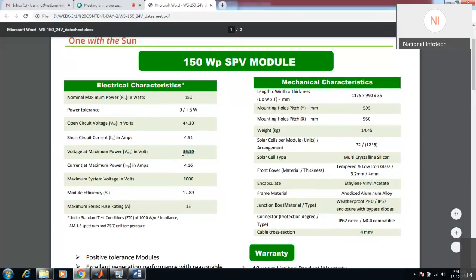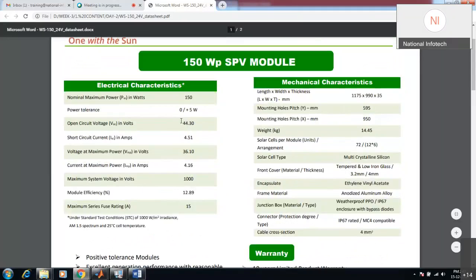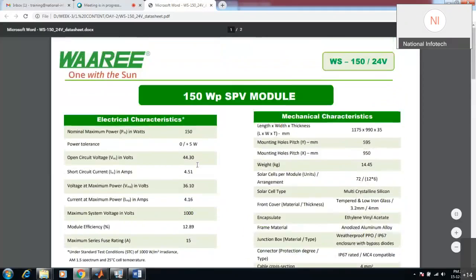That suggests that whenever one panel's voltage reaches 36.10 volts, at that time we can get the maximum power. And the current at that point will be 4.16. These parameters are for this 150-watt panel.